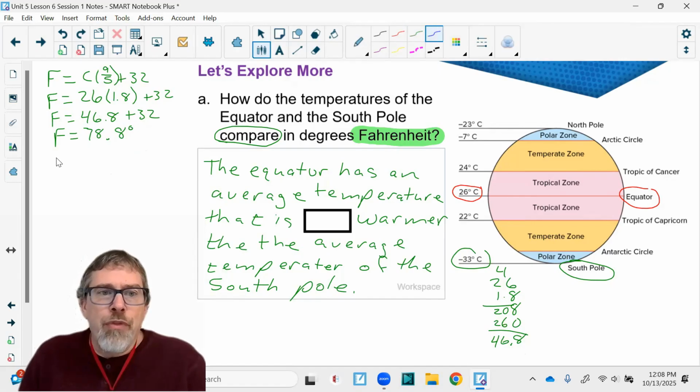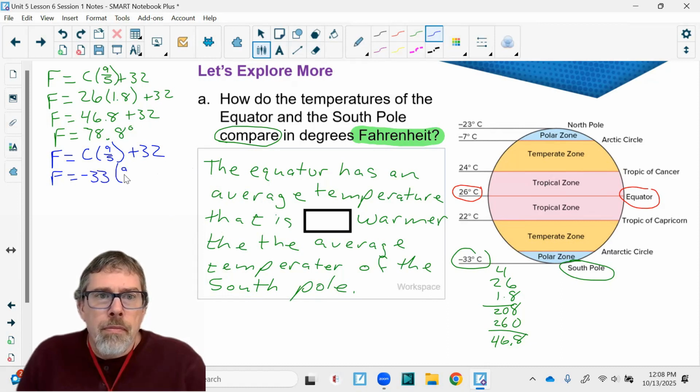Now I need to do the same for the South Pole. So here's my formula. Substitute the givens. Let's change that to 1.8. So there's my substitution.